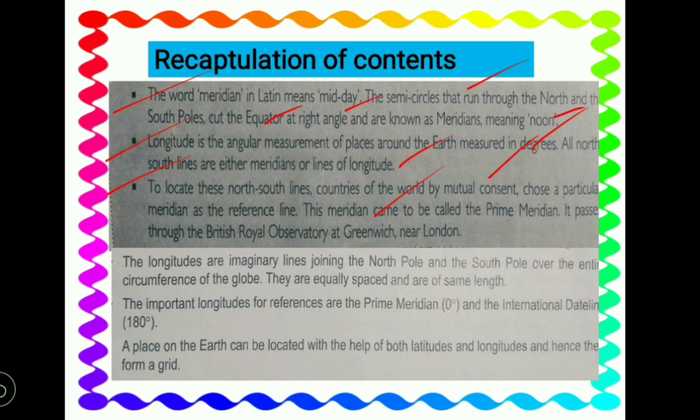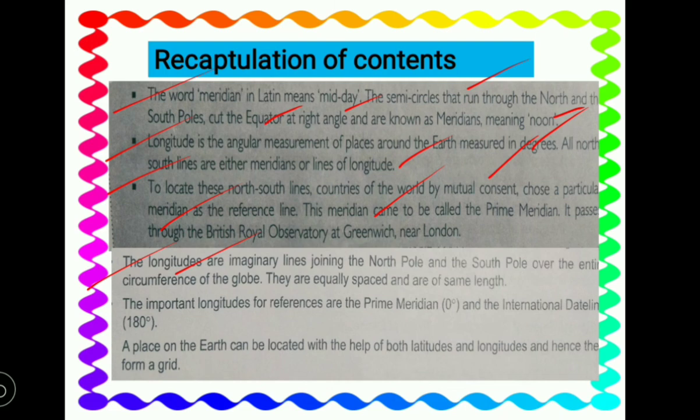In Britain they have chosen their prime meridian as 0 degrees. So all over the world we consider 0 degrees as the prime meridian. It passes through the British Royal Observatory at Greenwich near London. The longitudes are imaginary lines joining the North Pole and the South Pole over the entire circumference of the globe.